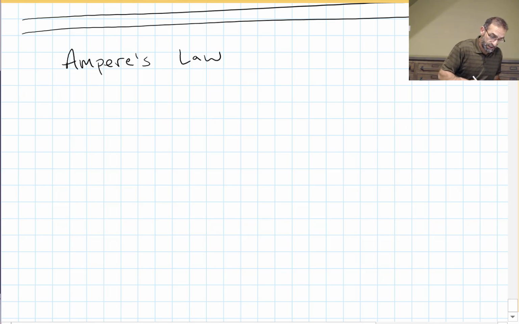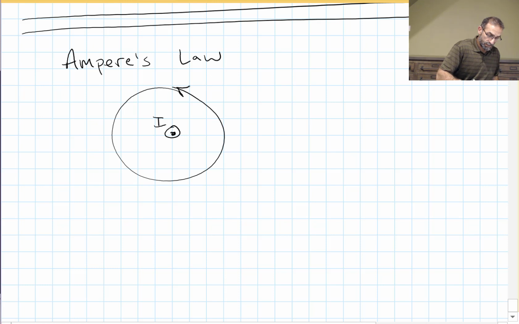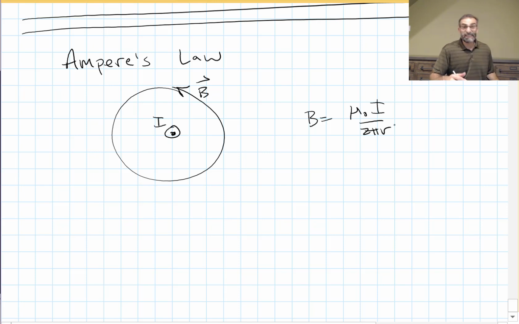We know that a current carrying wire fills the space around it with a magnetic field, and we know its direction, right? We even know the answer. We know that B is mu naught I over 2 pi r for an infinitely long, straight, current carrying wire. Now let's integrate B around this path.